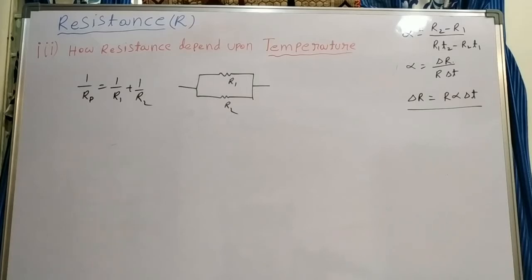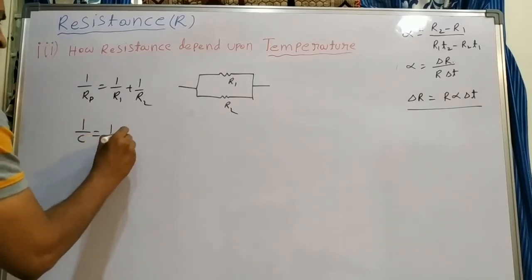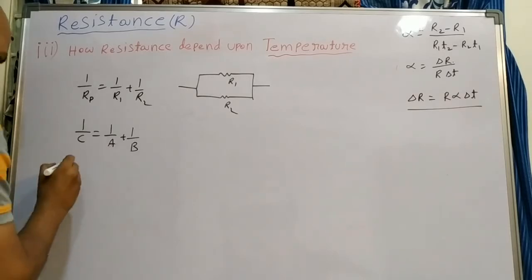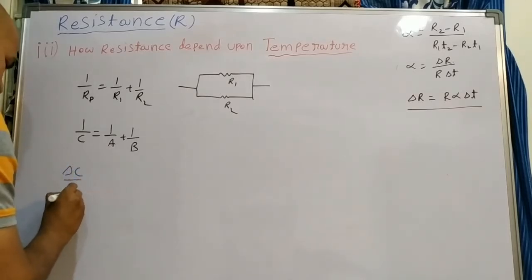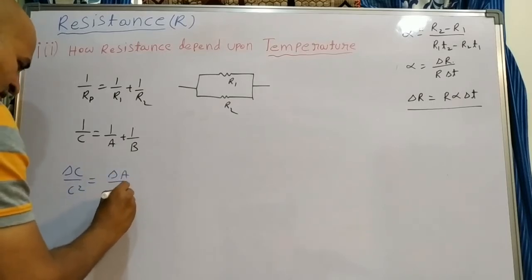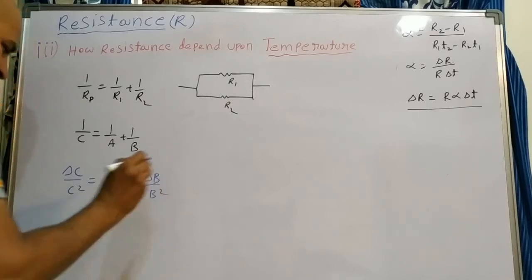From this, suppose I take 1 by C is equal to 1 by A plus 1 by B. In errors and measurements, we have this expression also. From this, you can write delta C by C square is equal to delta A by A square plus delta B by B square. That is the formula we have.